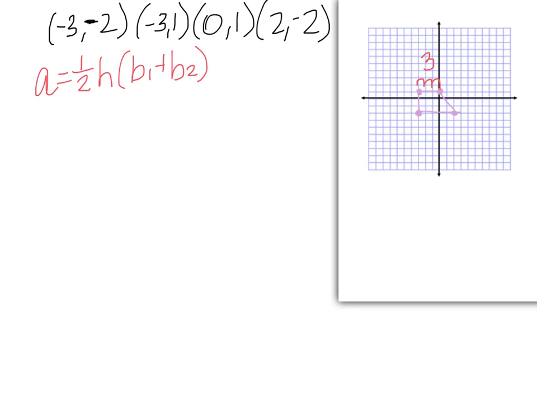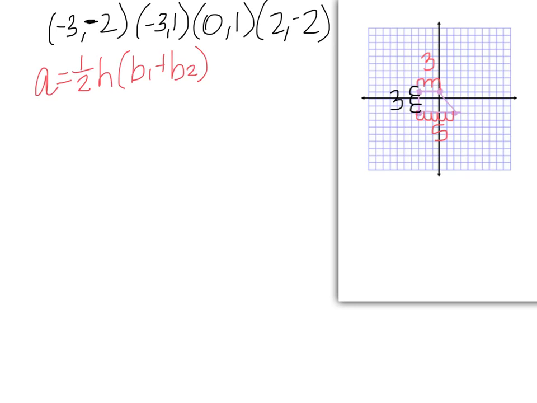So we have a base of 3. Let's figure out that second base. 1, 2, 3, 4, 5. So we have our bases of 3 and 5. Now we need to find our height. And our height is going to be right here. So 1, 2, 3. Our height is 3.